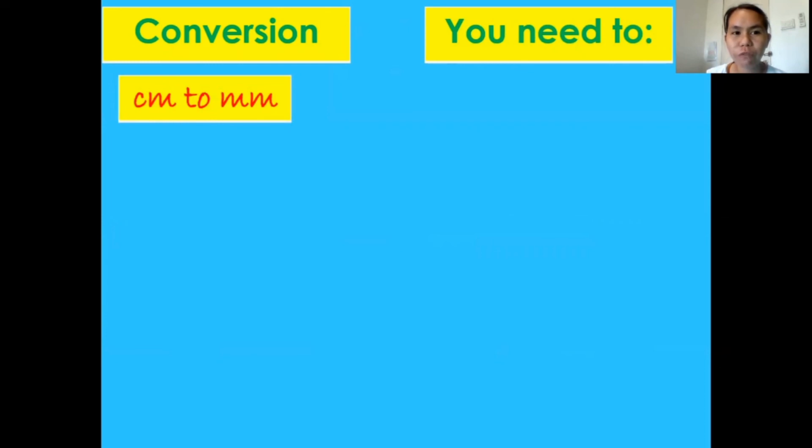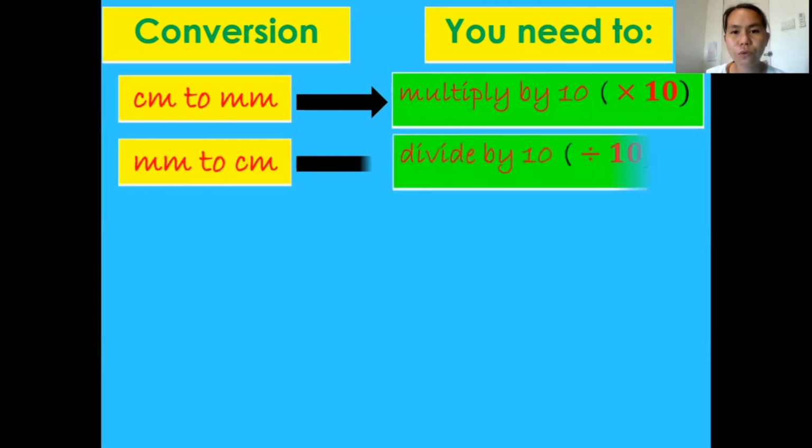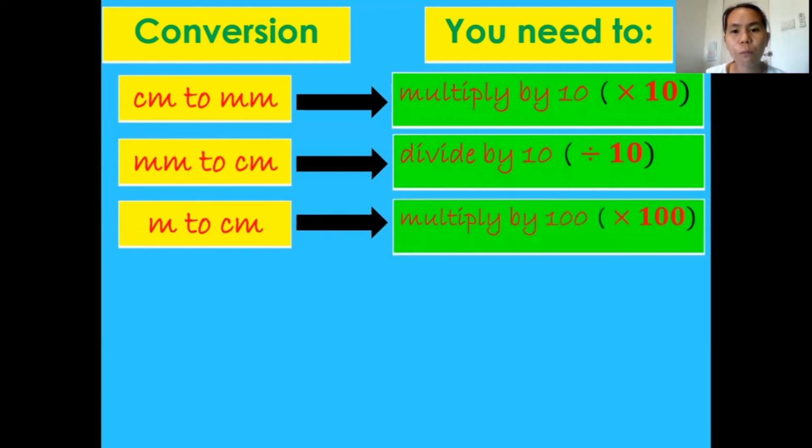If you want to convert centimeters to millimeters, you need to multiply by 10. Millimeters to centimeters, you need to divide it by 10. For meters to centimeters, you need to multiply by 100.